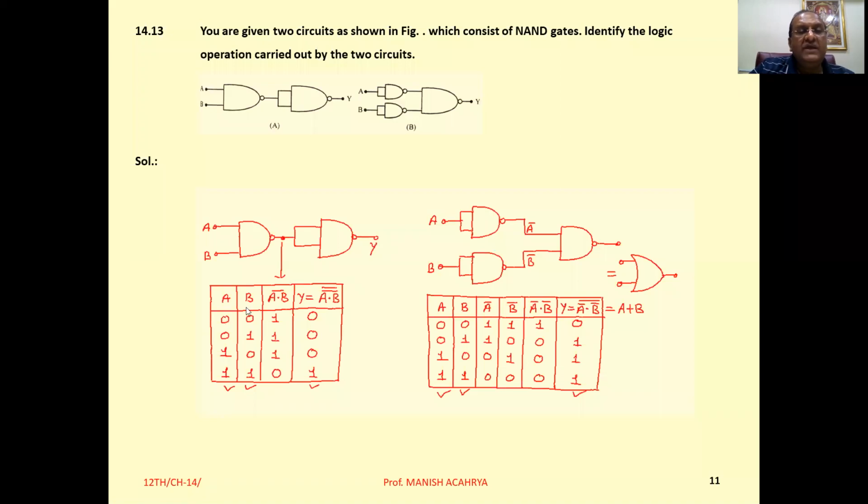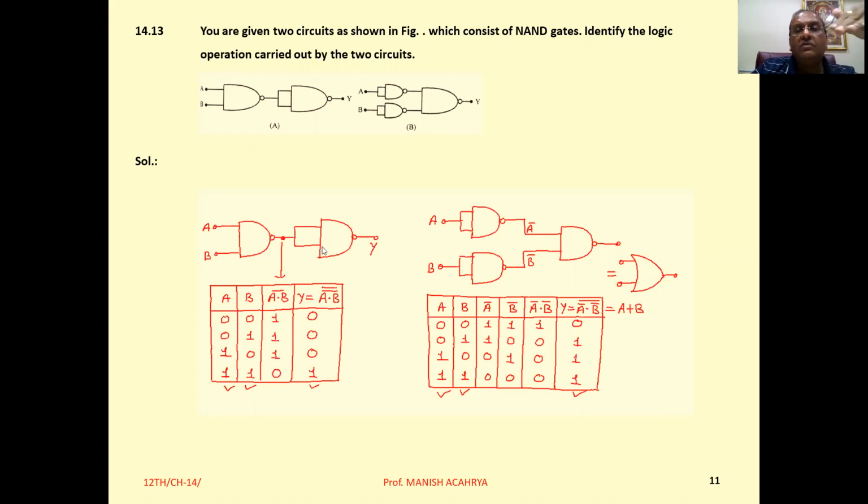So see input A B 0 0, 0 1, 1 0, 1 1. So first this intermediate step, that is the output of first NAND gate, that is not A and B. So 1, 1, 1, 0.